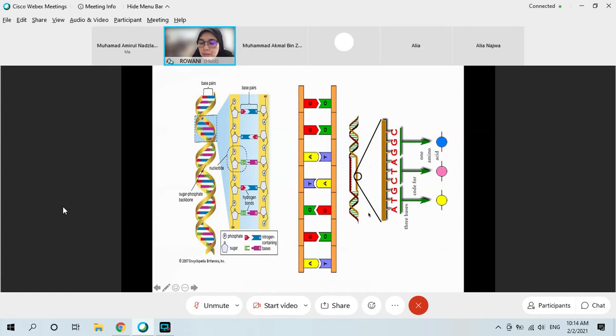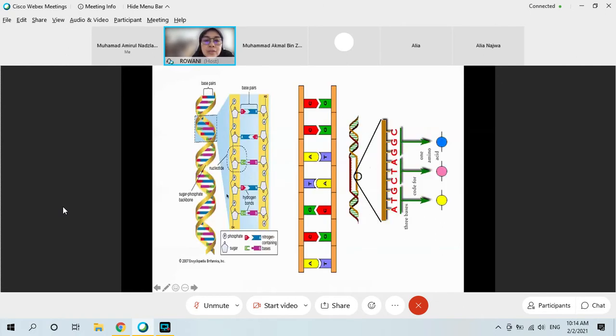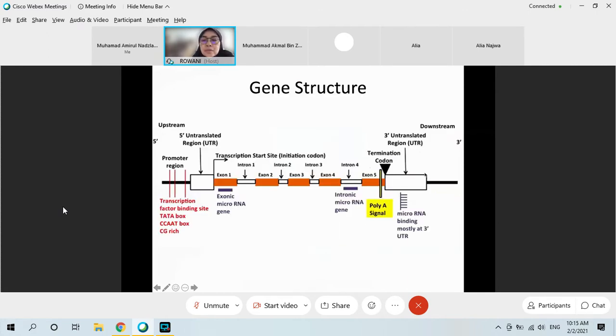And so this is your gene, actually. This is the standard structure of a gene. It has exons and introns. Exon is the part that is finally transcribed into proteins.